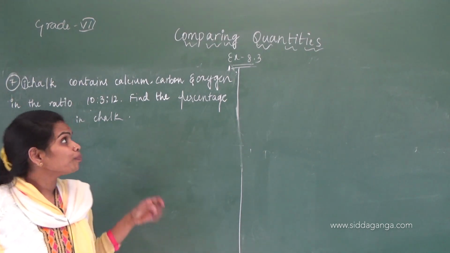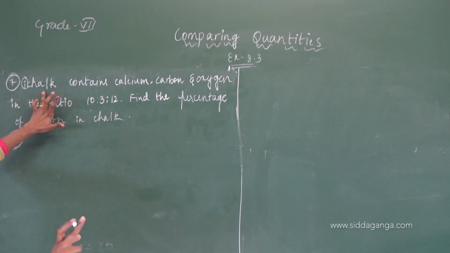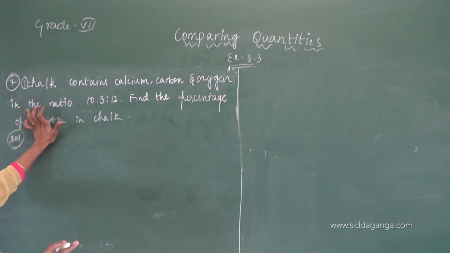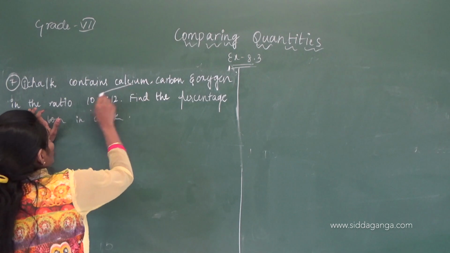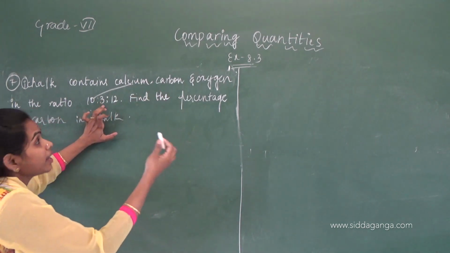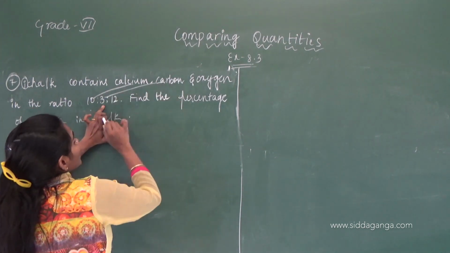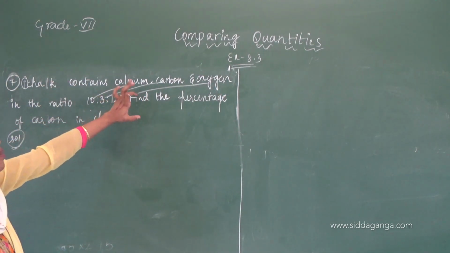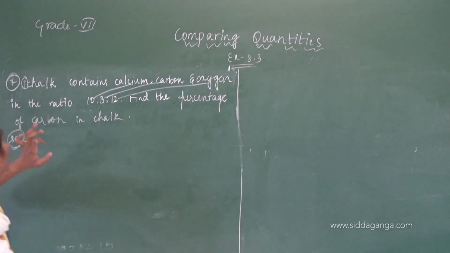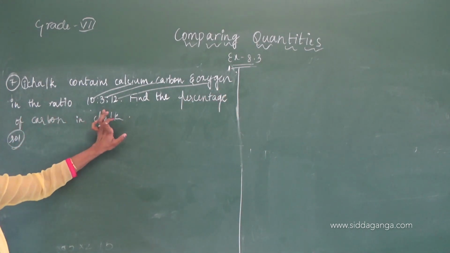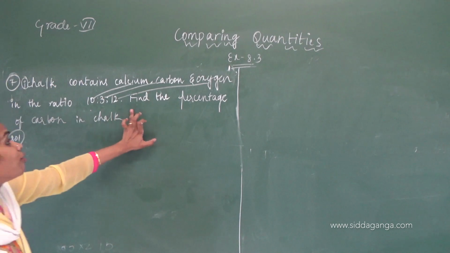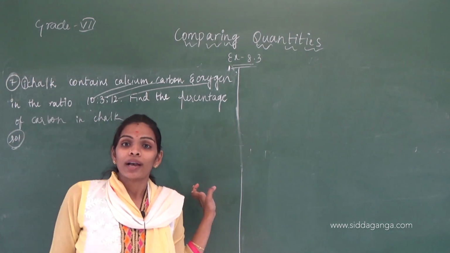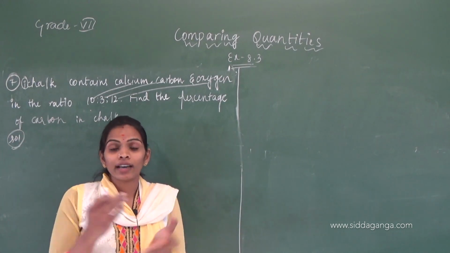Here they are giving one chalk, in that calcium, carbon, oxygen, that means with respect to calcium 10 ratio they are giving: calcium 10, carbon 3 and oxygen 12. Chalk contains calcium, carbon and oxygen in the ratio of 10:3:12. Find the percentage of carbon in the chalk.